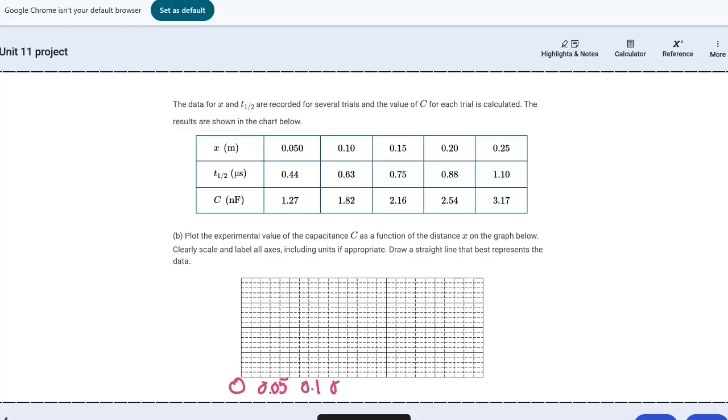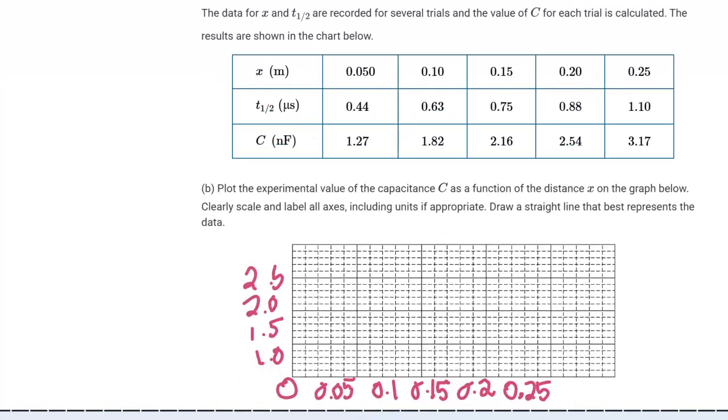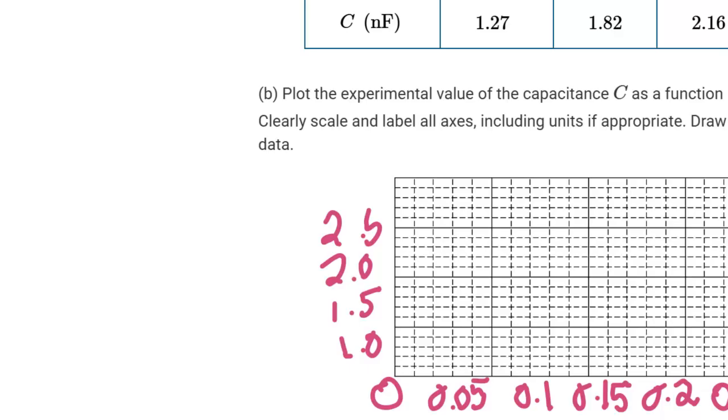And for our C, we start at 1, but by 5. It does the zoom in thing.